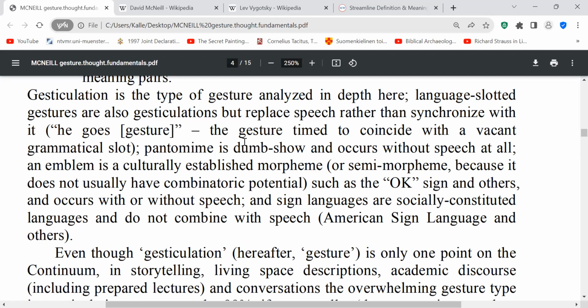An emblem is a culturally established morpheme or a semi-morpheme, because it does not usually have combinatoric potential, such as the OK sign and others, and occurs with or without speech.